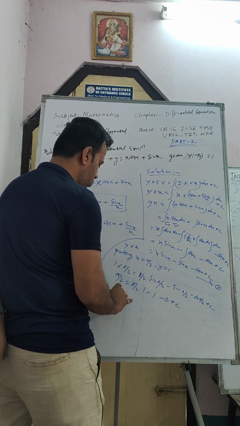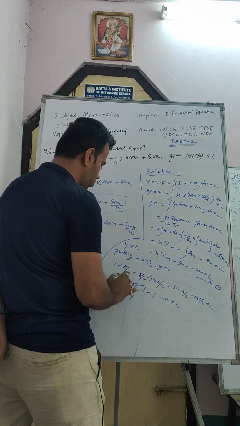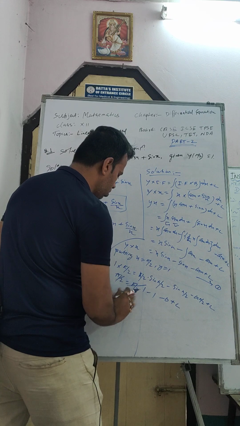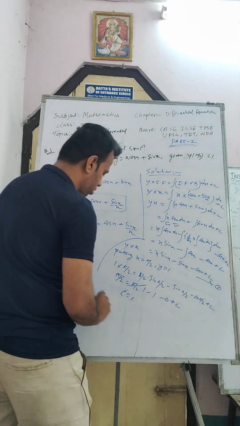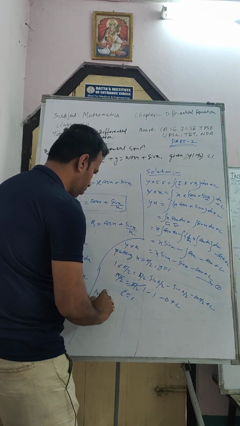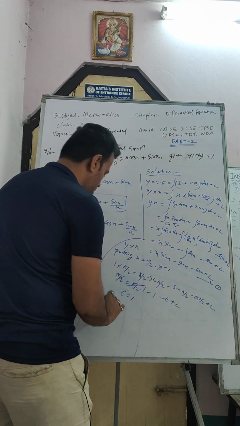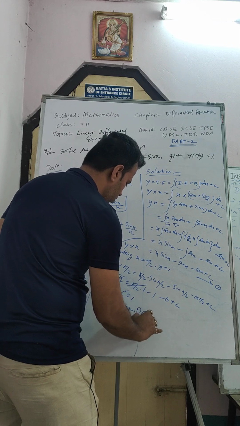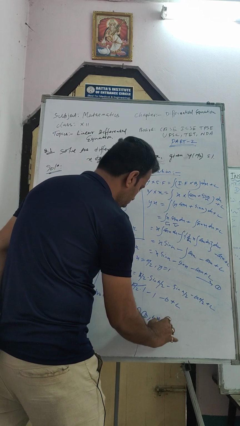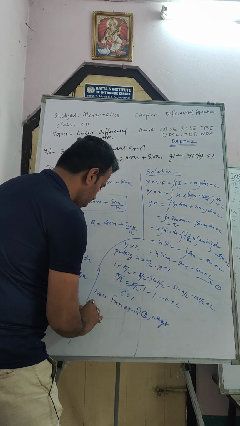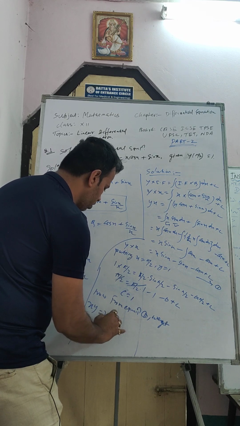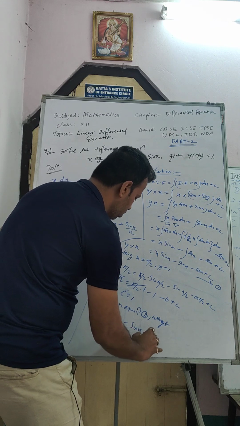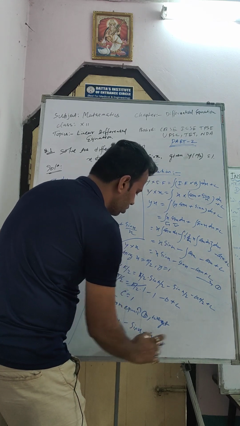So pi by 2 equals pi by 2, this will cancel, so c will be 1. Now from equation 1 we get xy equals x sin x minus cos x plus 1.